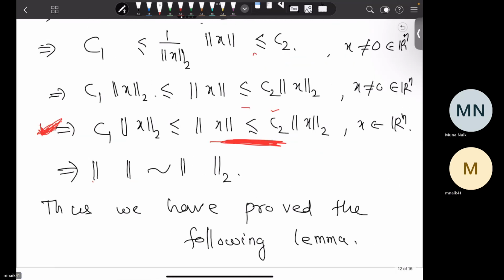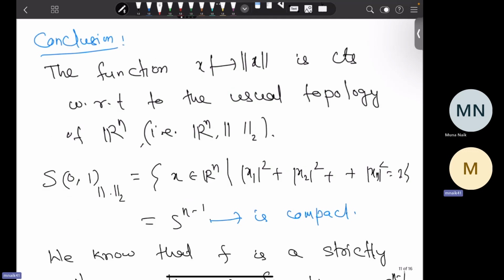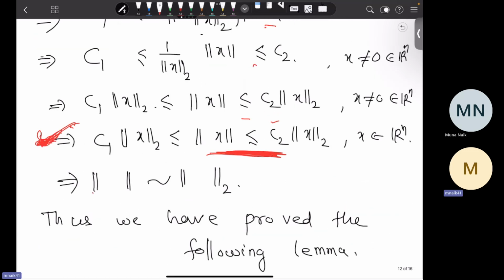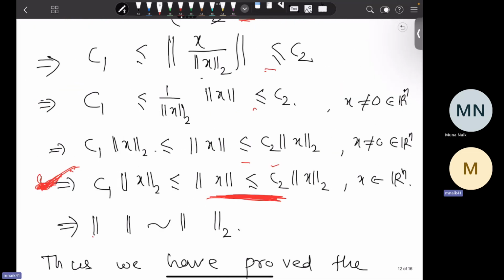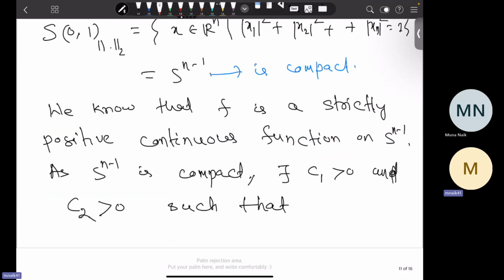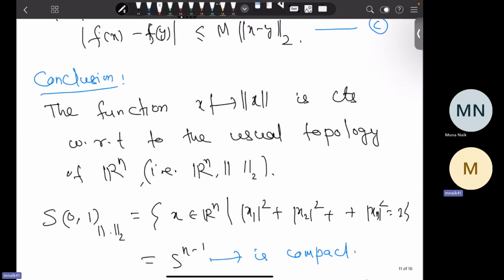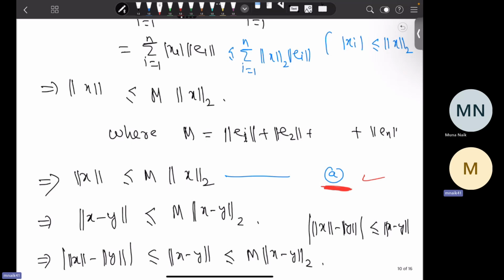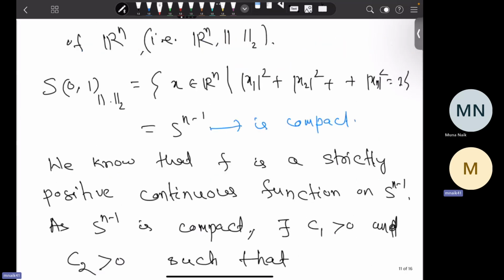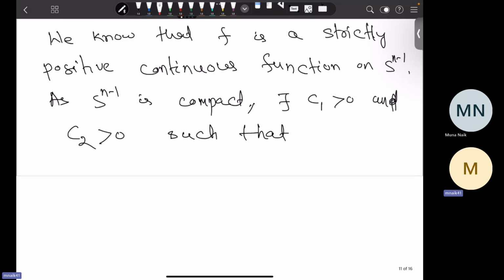What I'm saying is that showing any norm is equivalent to the L2 norm amounts to proving this line, but one part, norm x ≤ norm x2, we have already proved before in A. So that part is not needed technically in the proof, but I have kept it in deliberately.